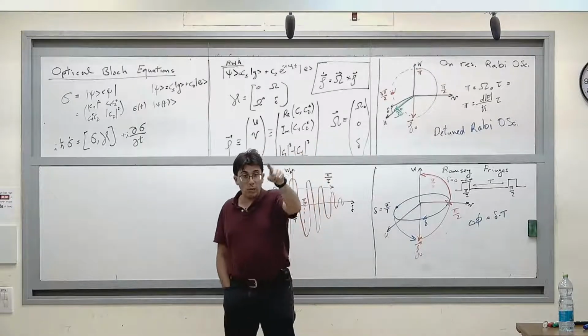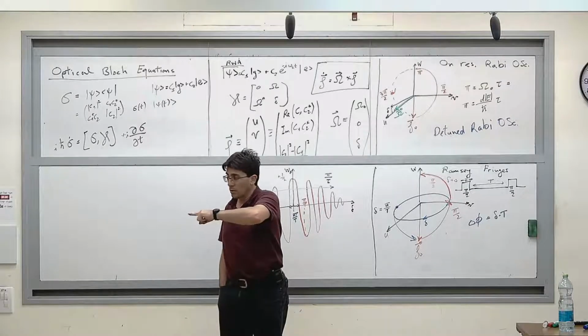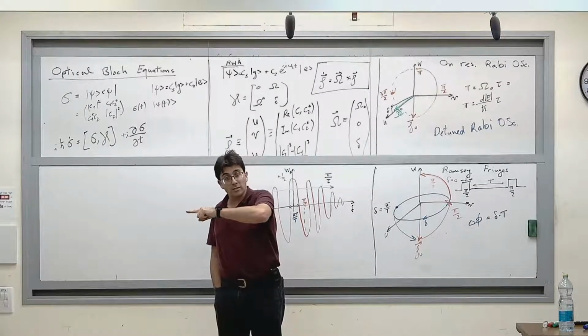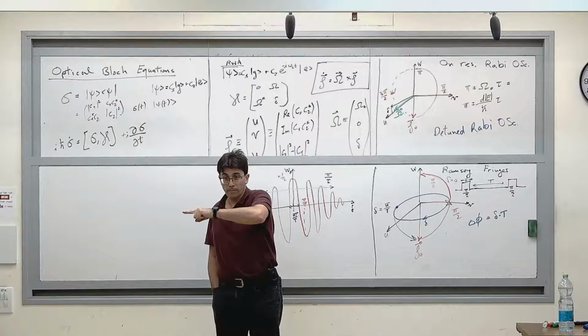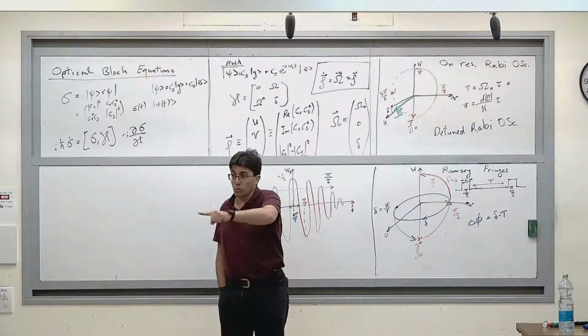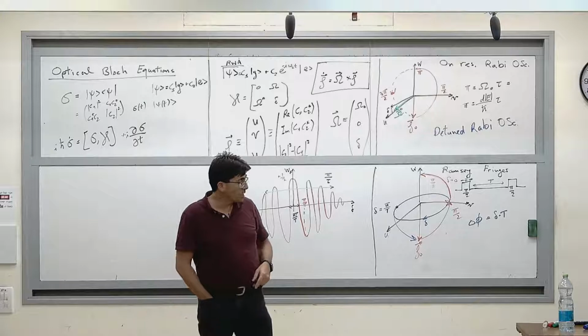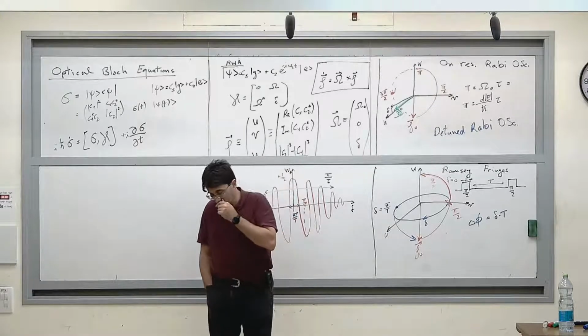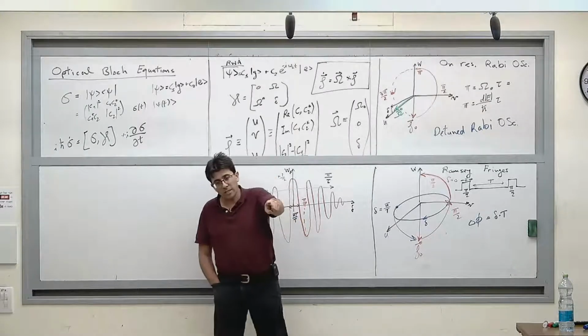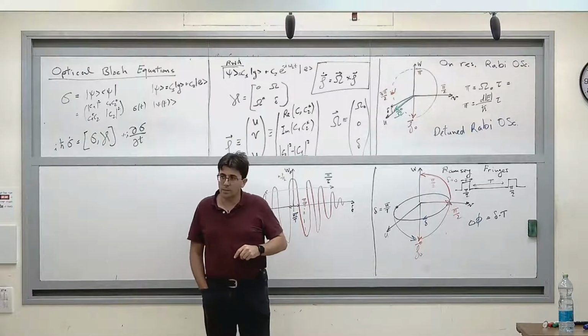But the point is that now I can drag them anywhere. For example, if I want to drag them here, all I need to do is change the phase of the field slowly. So I have a field with 0 detuning, but change its phase slowly, and you'll move the atoms around. So you can drag them anywhere around the Bloch sphere by doing this.